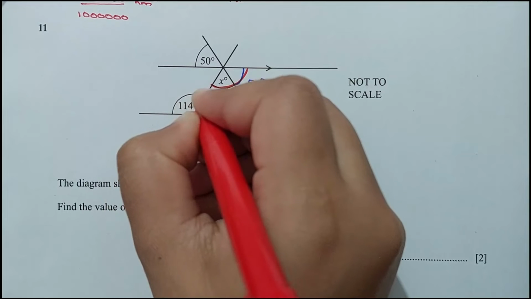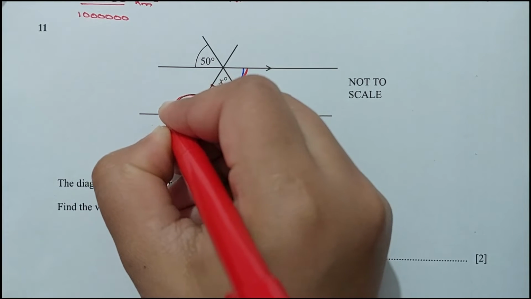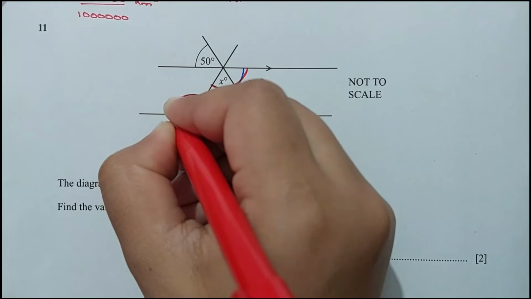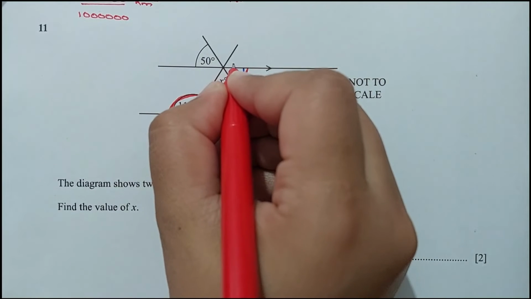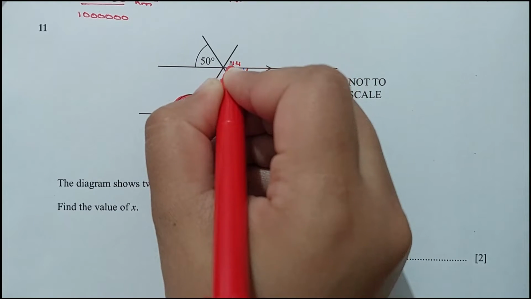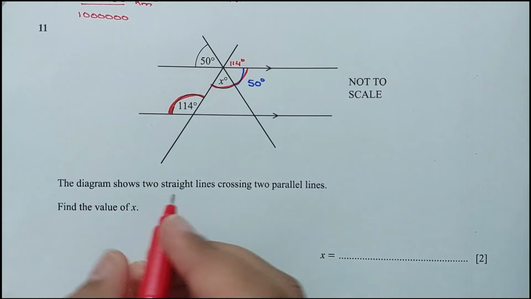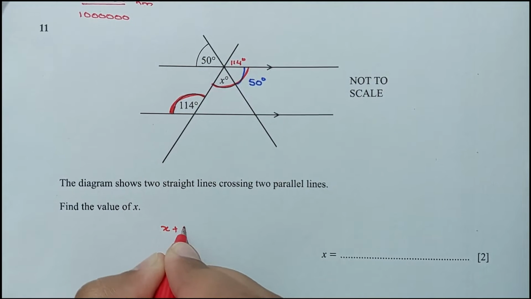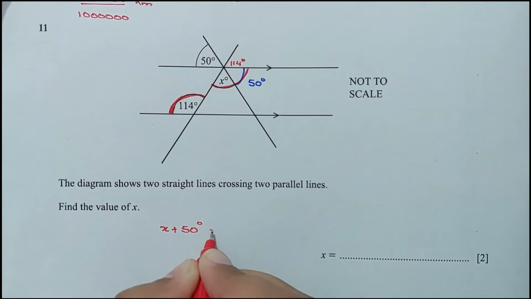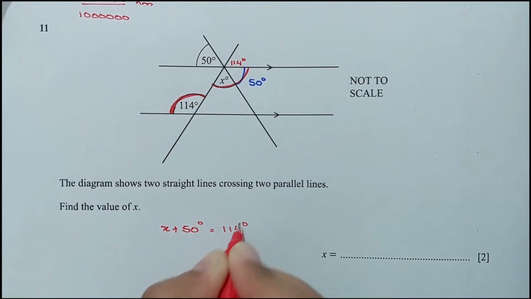So x plus 50 equals 114. To solve for x, from 114 we have to subtract 50.